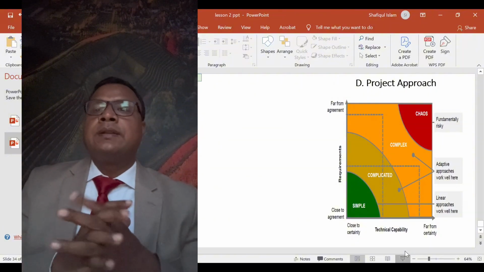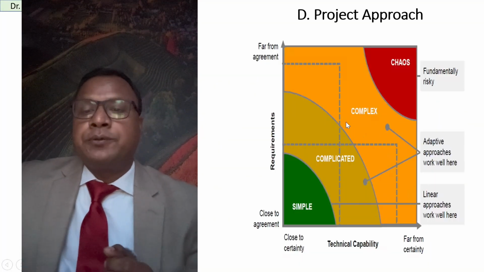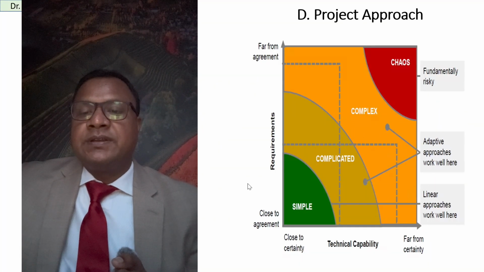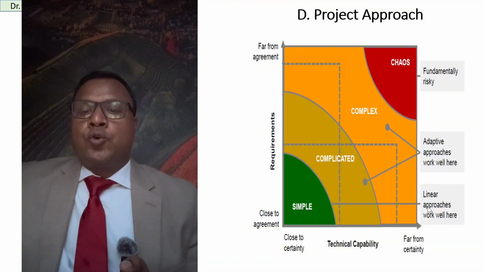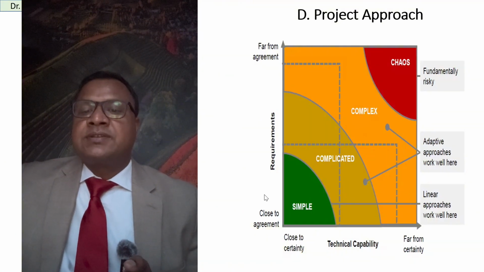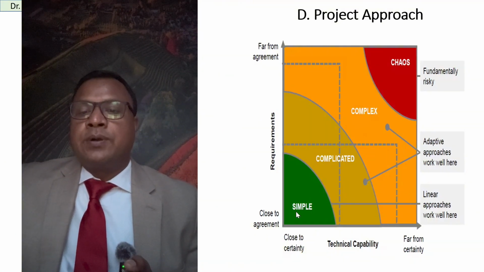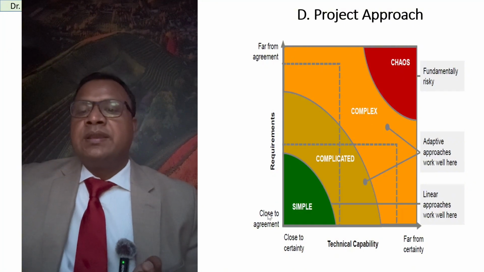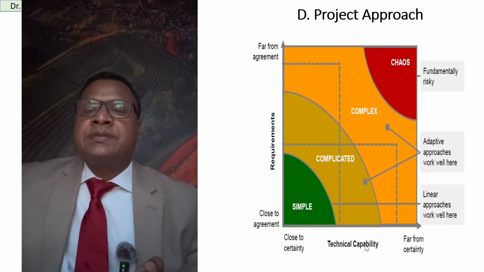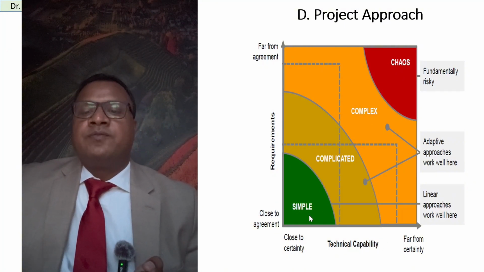The final one, you see project approach, how it works actually. This figure is clear to you, I think, if I can explain it. Close to agreement, you see in the slide, close to agreement, this one. So this is capability and this is requirements. If you have fewer requirements, it's close to agreement. If you have less technical capacity, it's very simple.